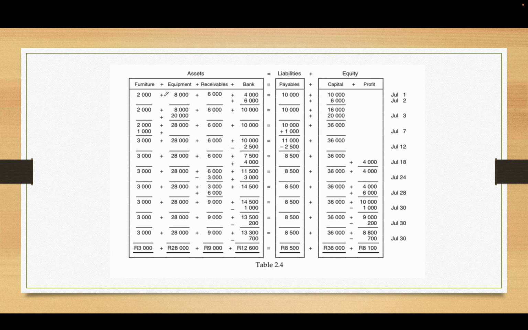Okay, so these are just the balances that they gave us on July 1st, because remember it runs throughout the whole month. You just jot down the balances: 2,000 for furniture, 8,000 for equipment, 6,000 for receivables, 4,000 for bank, 10,000 for payables, 10,000 for capital.